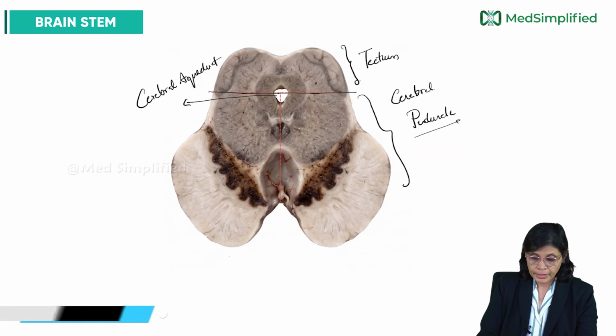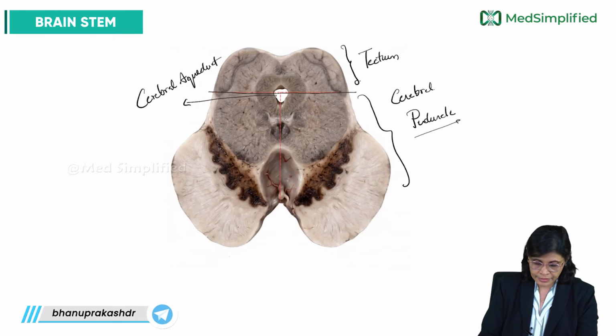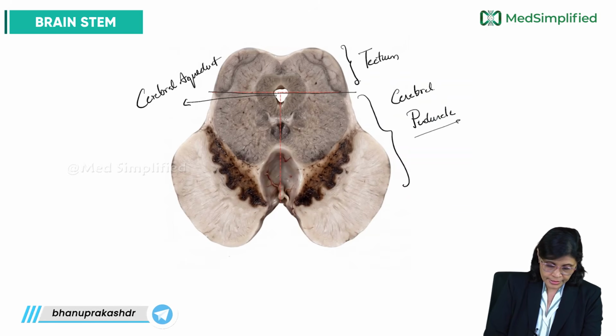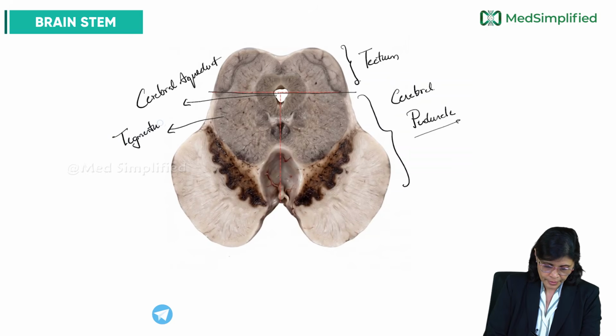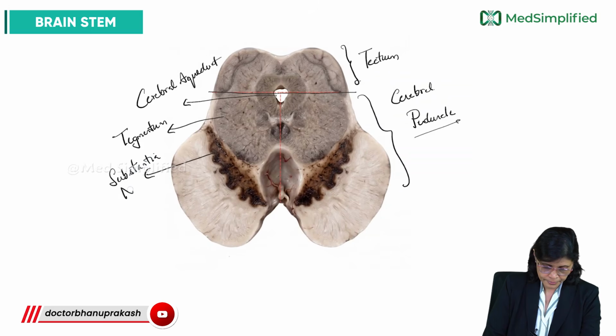Now this cerebral peduncle will have three portions. This is the tegmentum. This is the substantia nigra. And this is the crus cerebri.